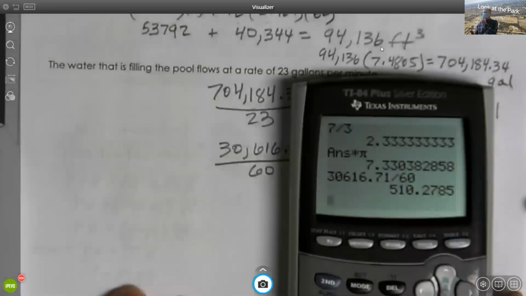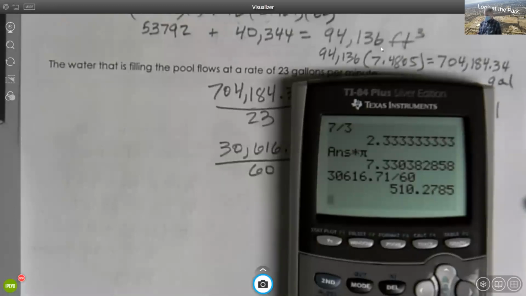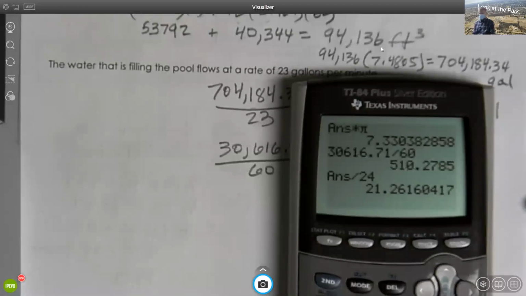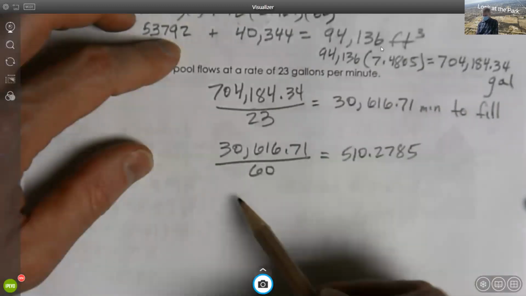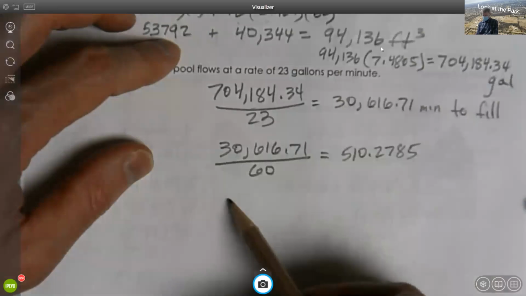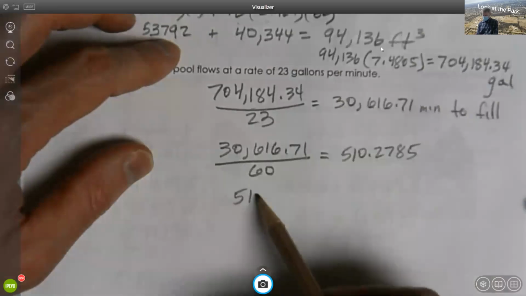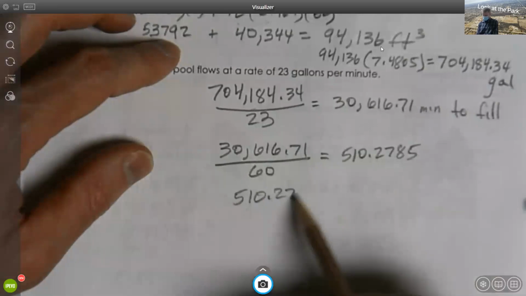What would be our next amount? If that's hours, what could we? Days. We could do this into days. And 24. How many, if these are hours, approximately 24. So we're going to divide this by 24, and that's going to tell us how many days it's taken to fill this pool.